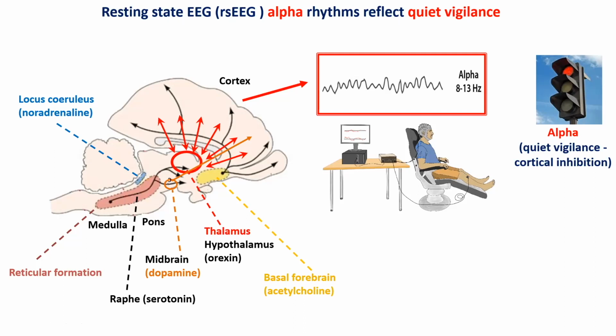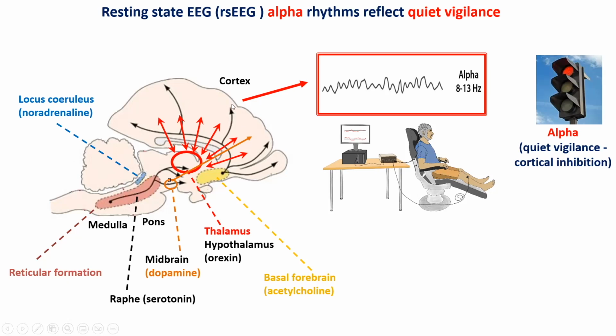And you see here a person receiving a recording of resting state EEG, and is represented the highest oscillation at about 8 to 13 Hertz, alpha frequencies, in healthy subjects in quiet vigilance, eyes closed. And this is due to the interaction between thalamus and cerebral cortex.